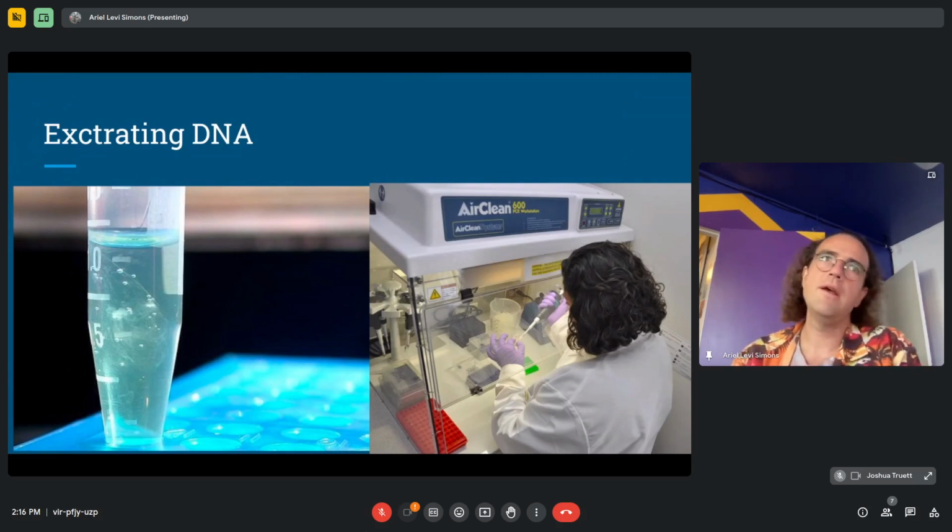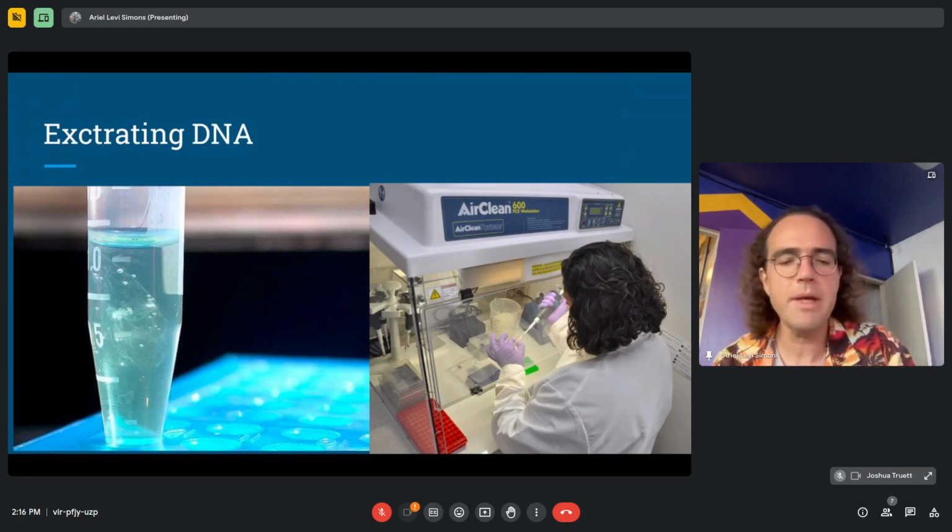You can buy different types of boxes from labs that have all the materials and instructions for things like extracting from soil. The company's called MoBio. They have one called the Power Fecal Kit, which I used a lot for a different project, for microbiome studies. But yeah, easy bake oven science, cool.